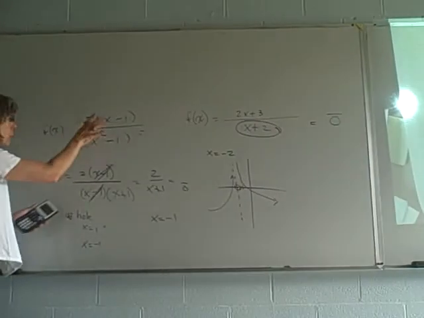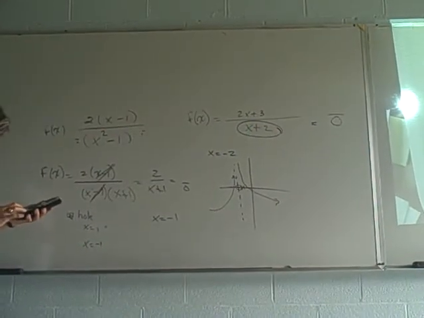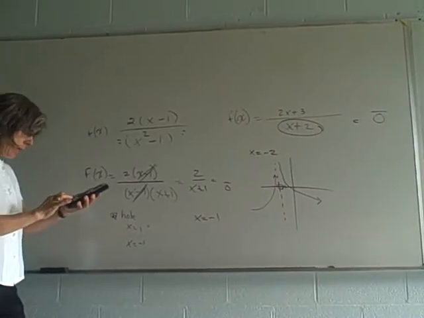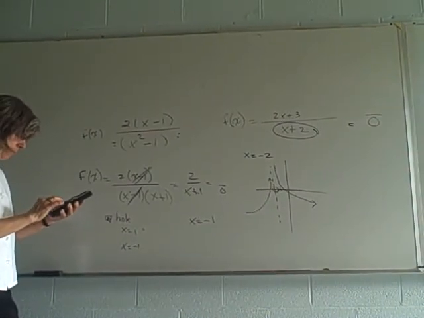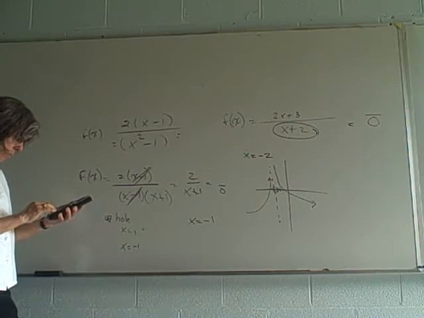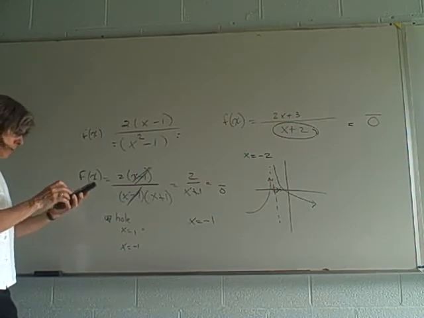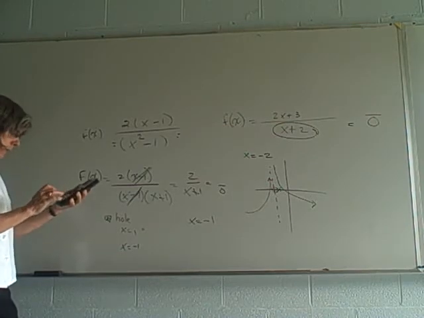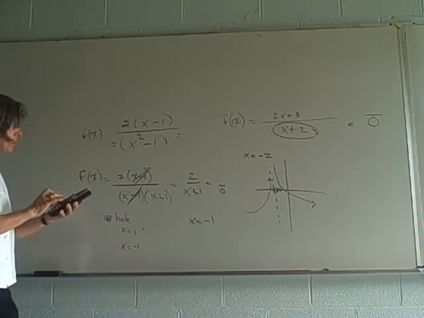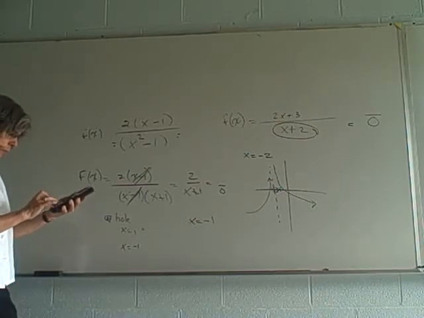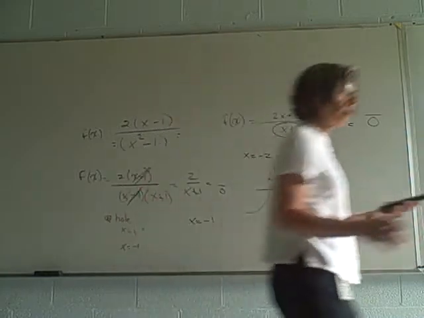Let's graph this way first. Okay? So I'm going to plug in 2 times (x minus 1), close parentheses, divide, parentheses, x squared minus 1, close parentheses. Okay?